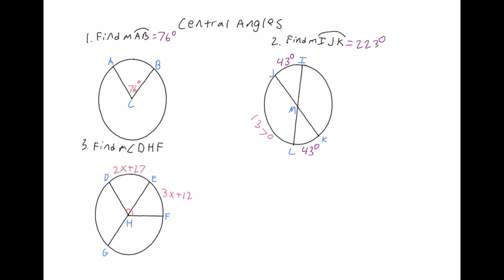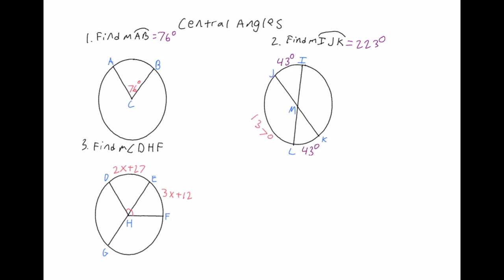Now for this last example, we can find the measure of angle DHF. And to do that, we need to solve for x. So if you notice here, these two angles are congruent, meaning these two arcs are congruent. So if we have the measure of these two arcs here, we can use that to find angle DHF, this whole angle here.